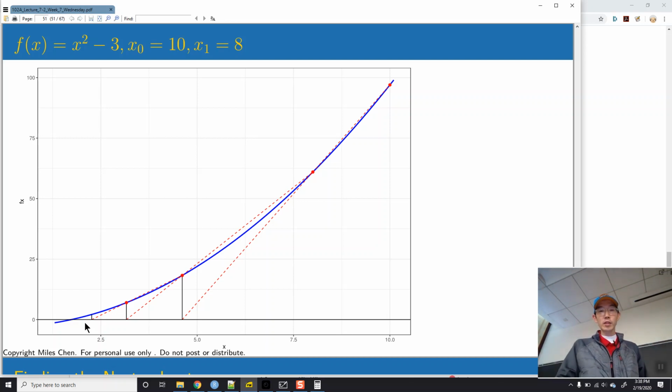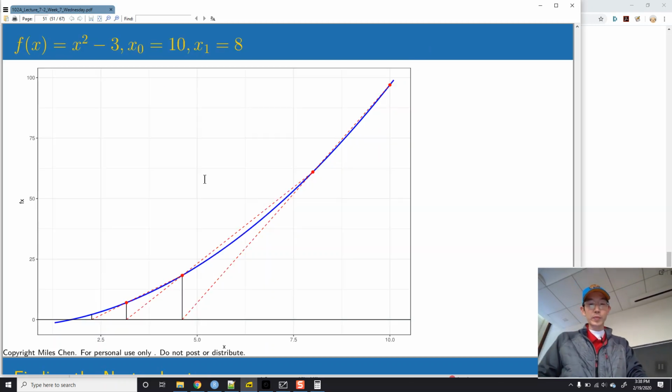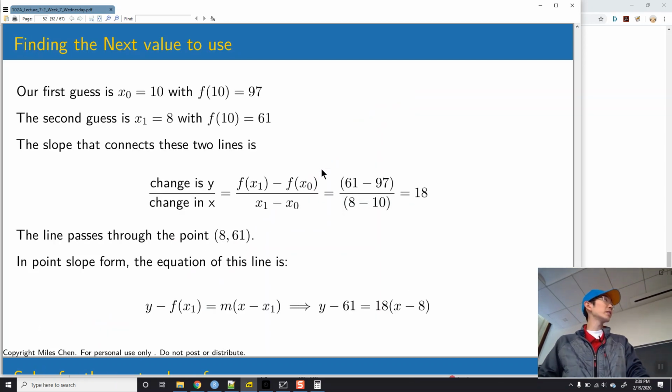So how do we figure out where this line crosses the x-axis? We figure out this triangle here. The slope of this secant line is equal to the change in y between these two points over the change in x between the two points.